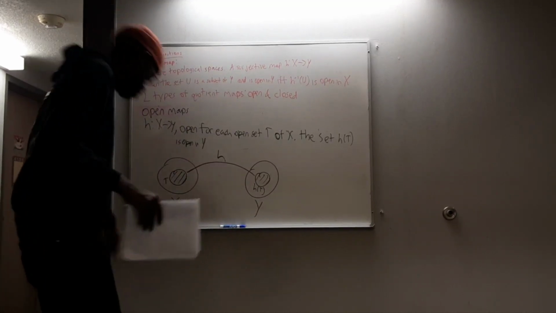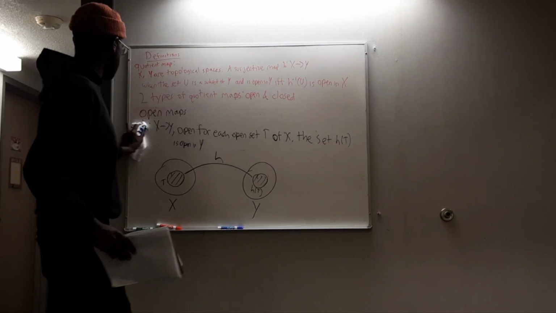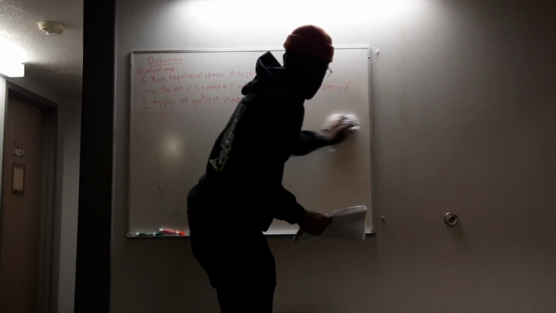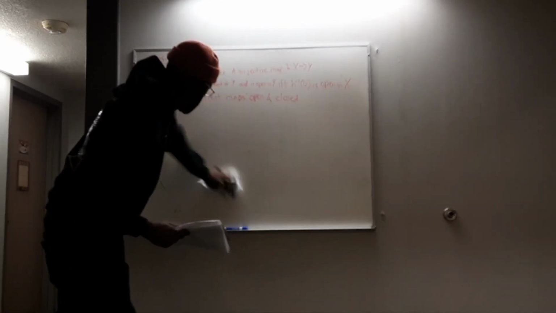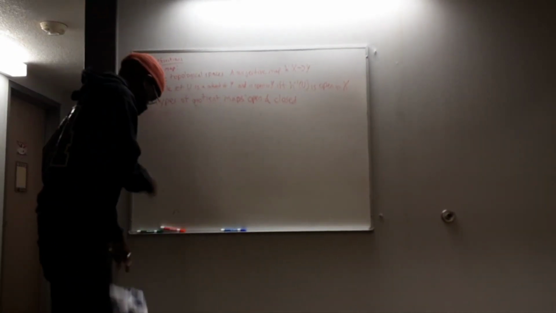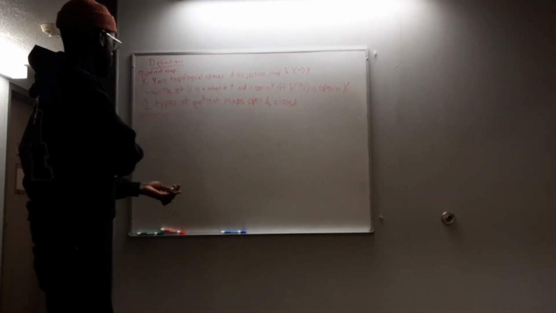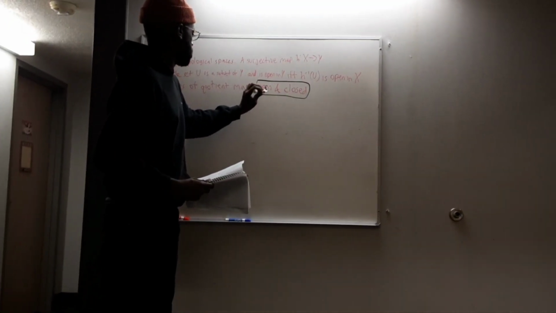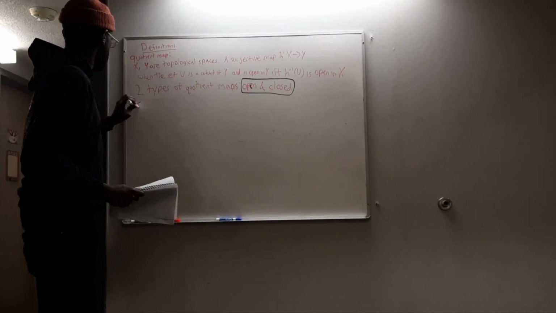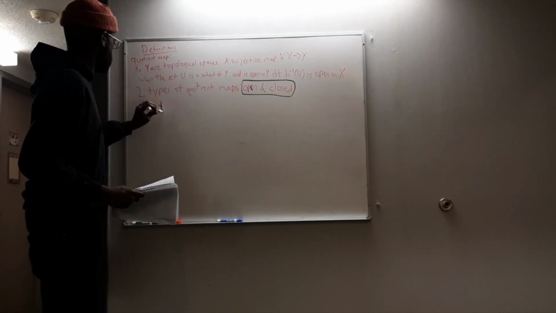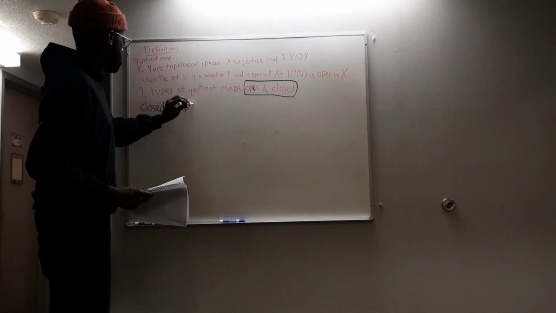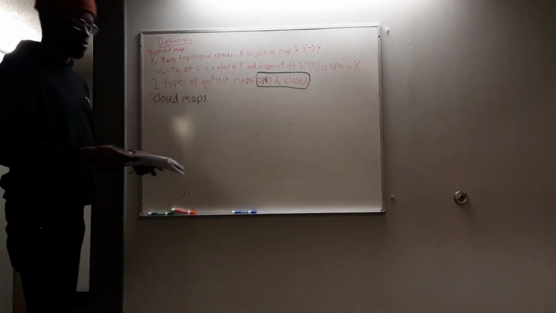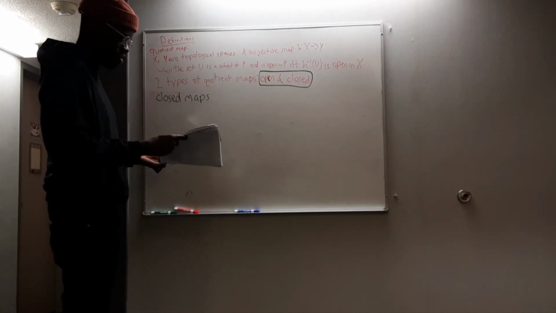All right, and then we move on to our closed map. If you know what open maps are, then you basically already have closed maps. It's the same definition, just the opposite.